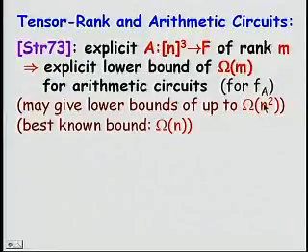But at this point, we still don't know any explicit example for a tensor of rank larger than omega of n. So this approach doesn't give any bound better than omega of n, and actually no other approach gives any bound better than omega of n for polynomials of degree 3. In this particular case, f_A is a polynomial of degree 3. But potentially we can get lower bounds of omega of n squared by this approach.